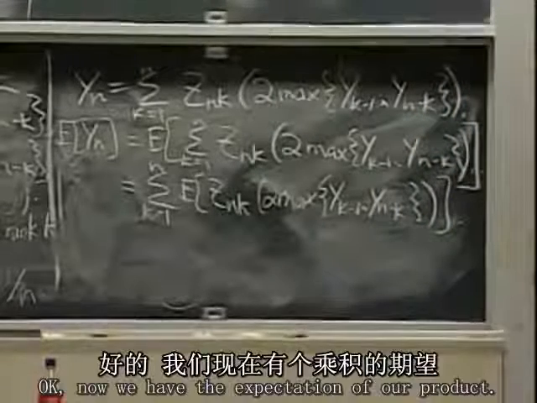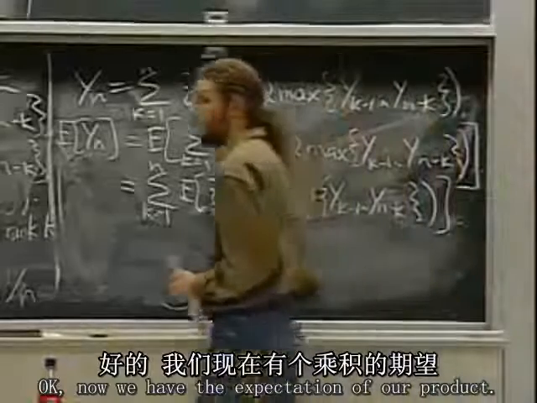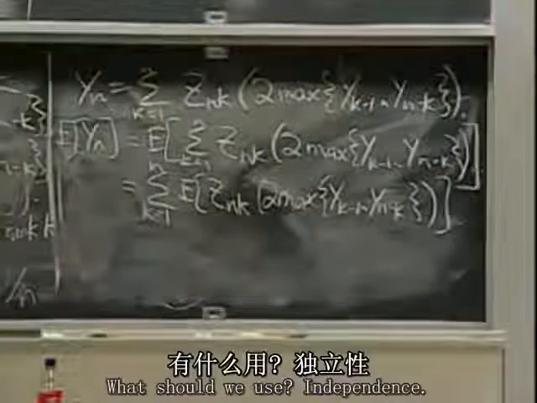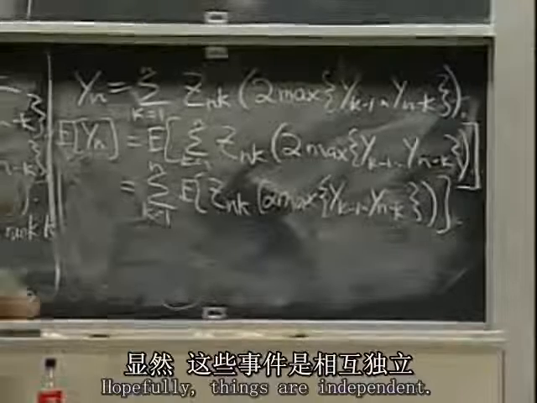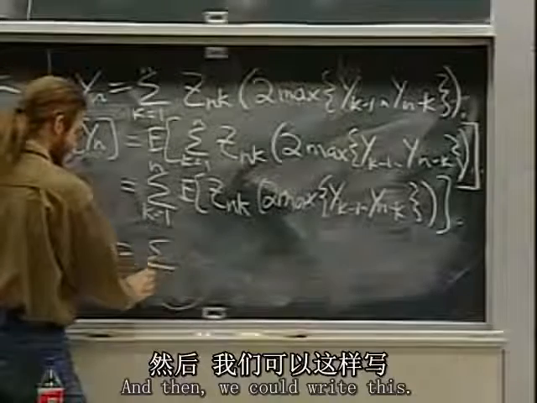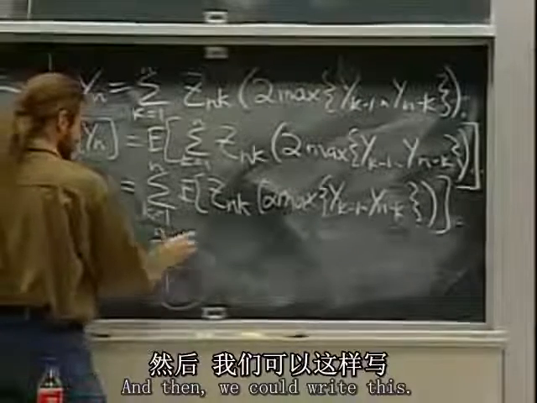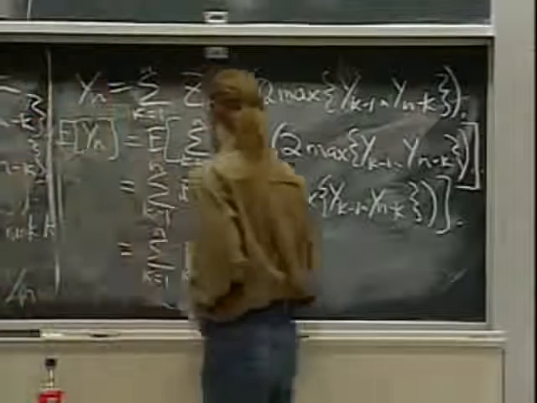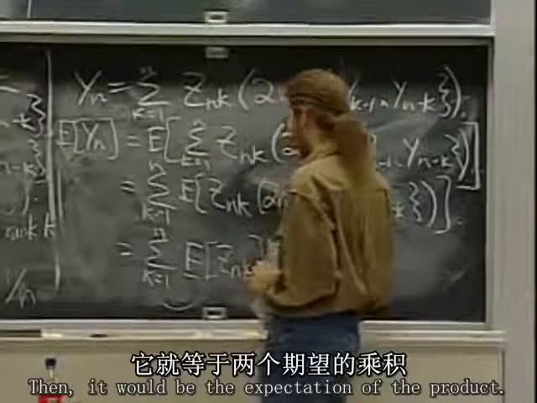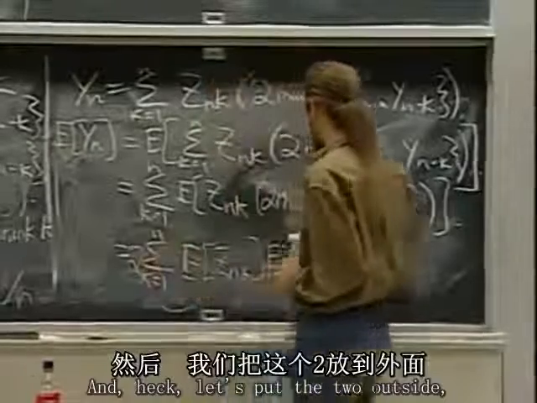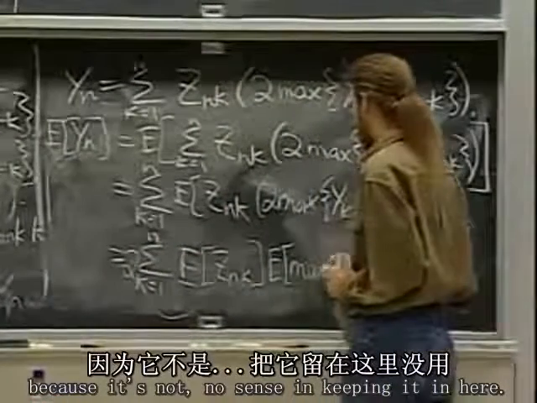Now we have the expectation of a product. What should we use? Independence. Hopefully things are independent. Then it would be the expectation of the product. And heck, let's put the 2 outside because there's no sense in keeping it in here.